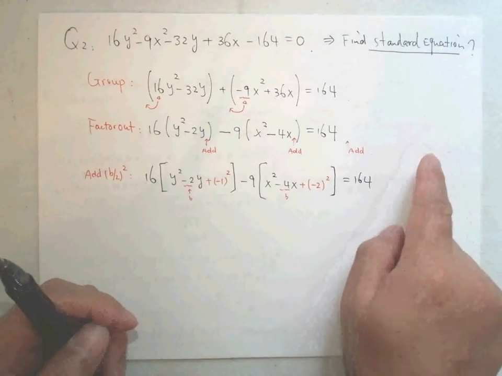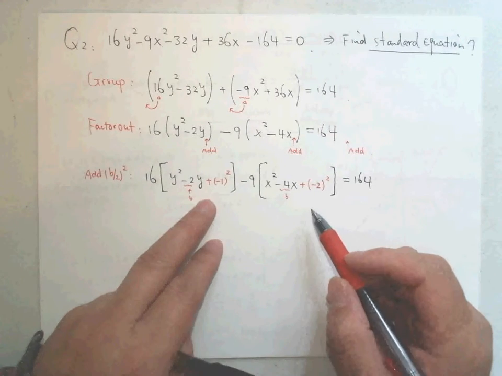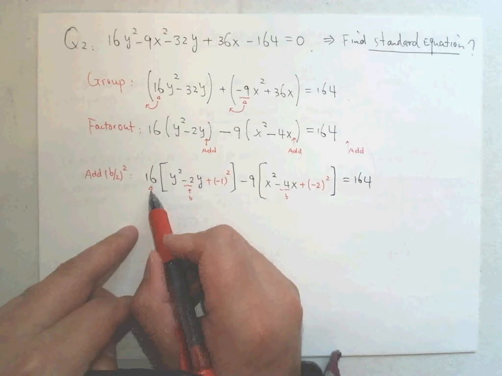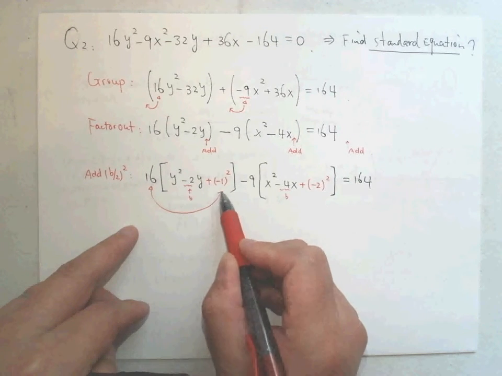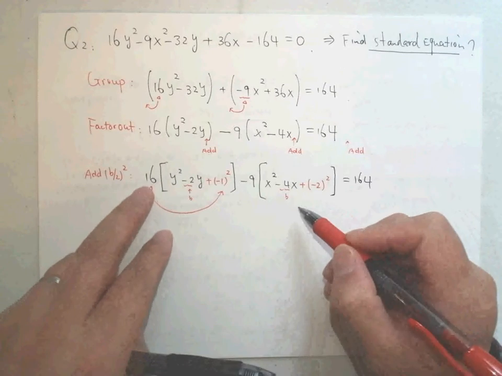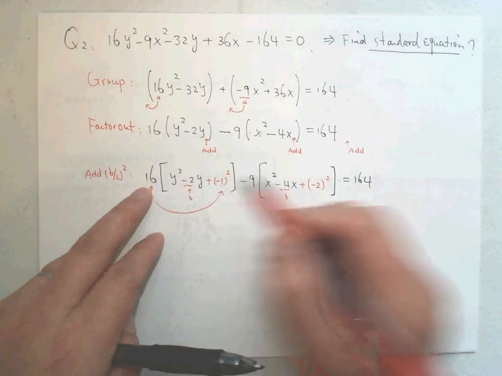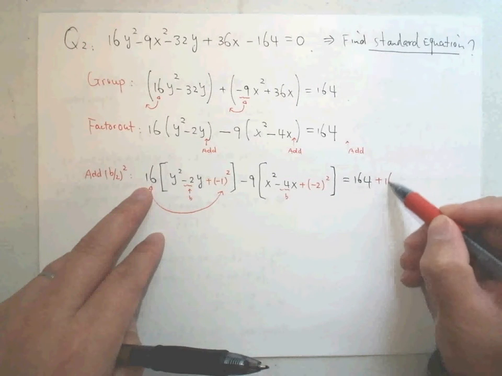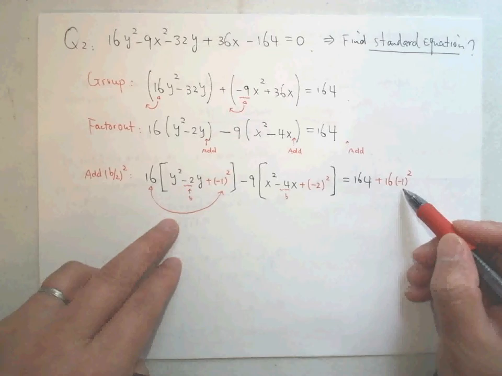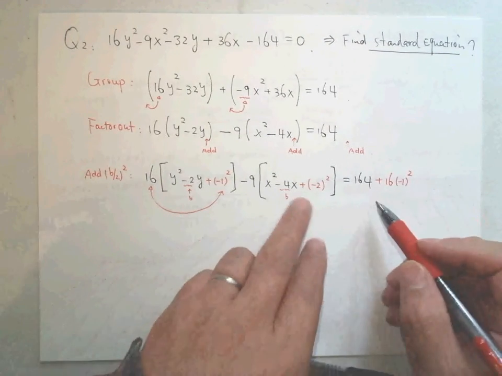Don't miss the right side. You need to add the same number to the left and to the right. So which number do we add to the left? It's not only this number. Remember, it should be 16 times this number, because the 16 is distributed to here. So we add 16 times this number to the left, and we add this to the right. And how about this term?